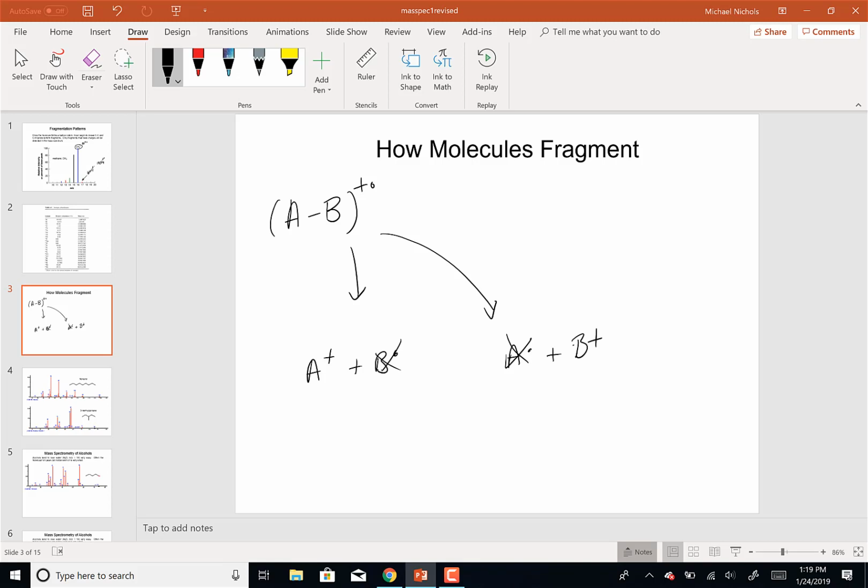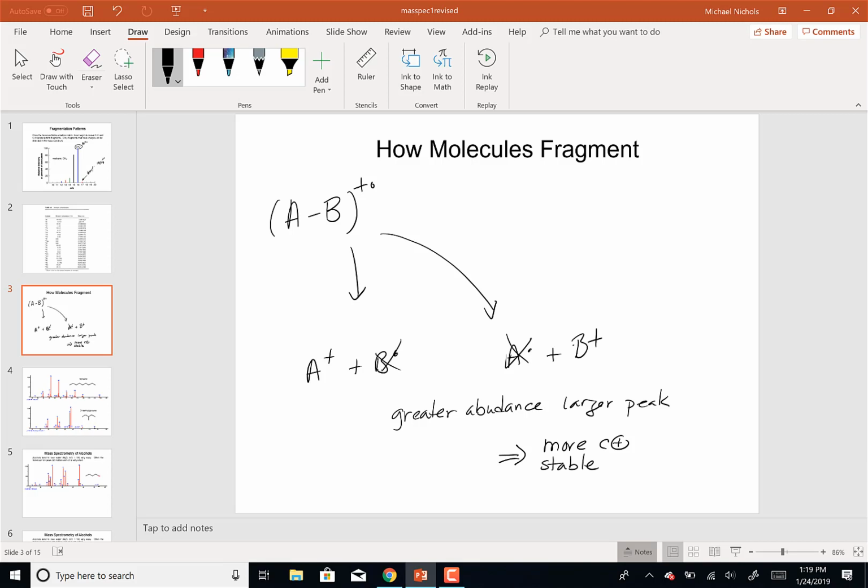So whichever one has the greater abundance, or the larger peak, that carbocation is going to be the one that is more stable.